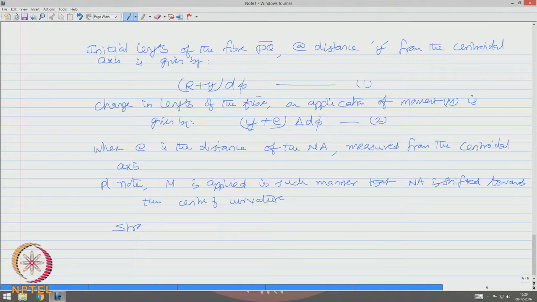Now, strain epsilon is change in length by original length, which I call equation 3. We assume that the longitudinal fibers do not undergo any deformation.